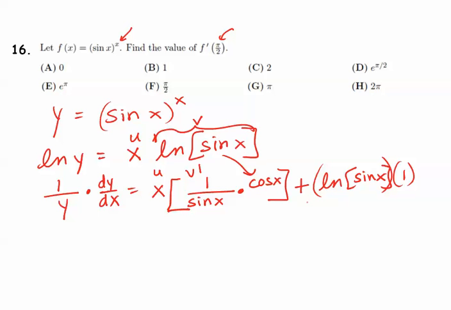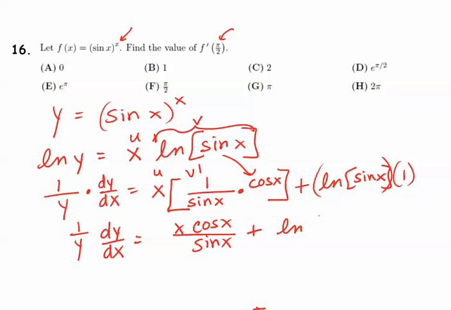All right, so what do we have here? Let's just rewrite that. Right side here, x cosine of x over sine x. Now you could write that as x cotangent of x if you prefer, whatever you're better at. And then we've got to add the natural log of the sine of x.